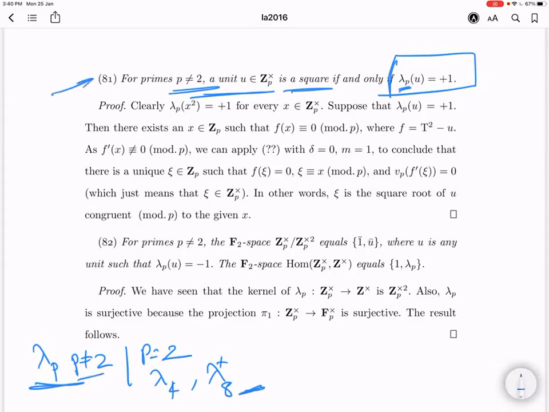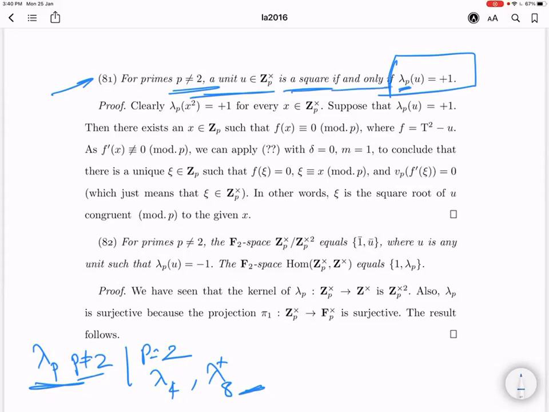Okay, so let's come back to the statement here. It says that if p is an odd prime, then a unit in Zp star is a square if and only if lambda p of that unit is equal to +1. So it's an if and only if statement.